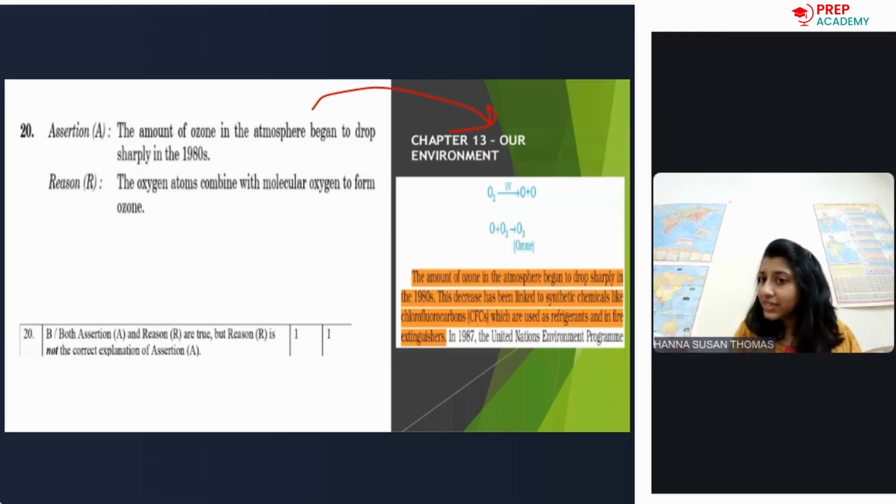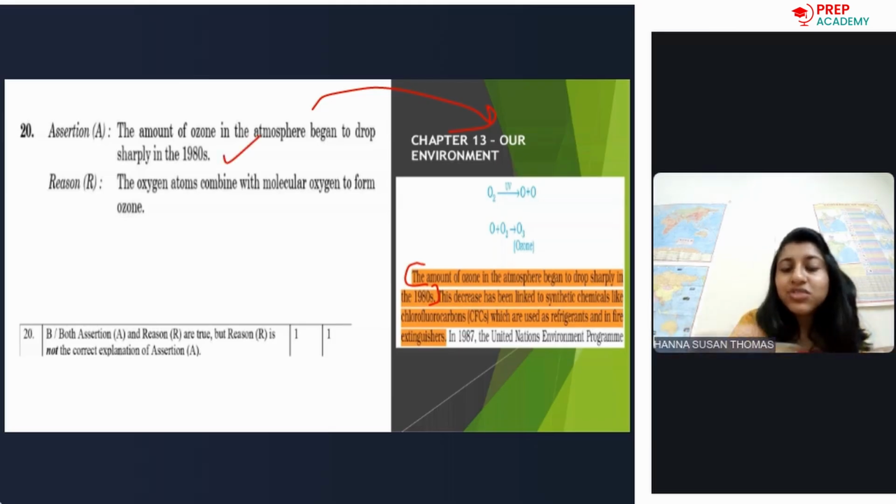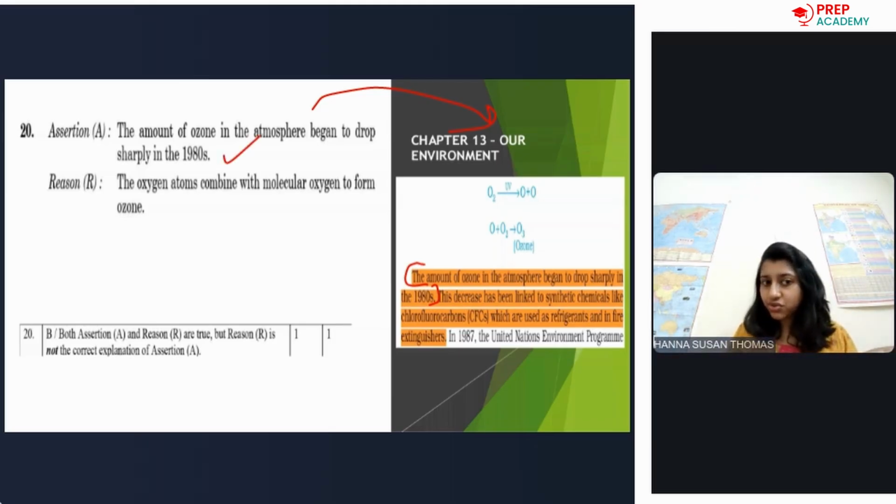Is that true? Yes, because it's directly given in your textbook under the Our Environment chapter. This statement is true, so you understood that the assertion is correct.